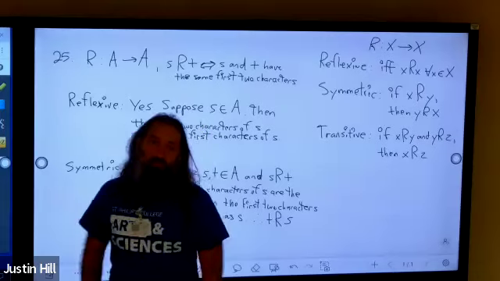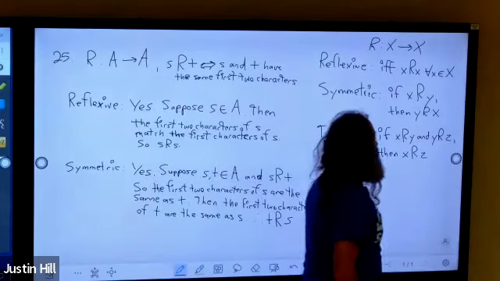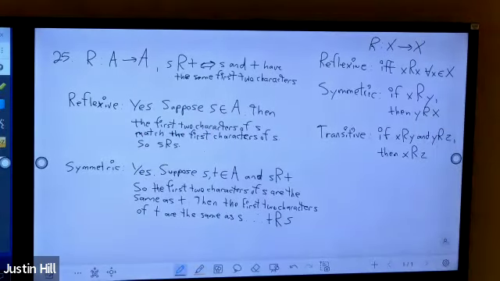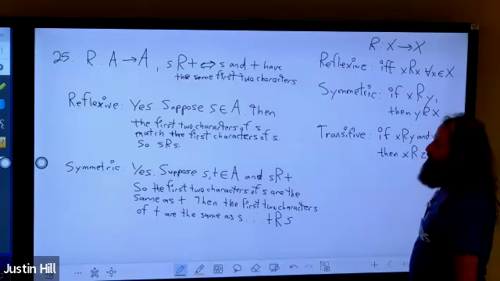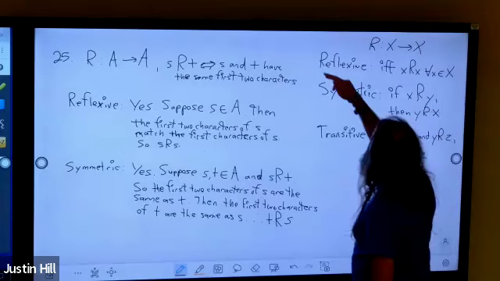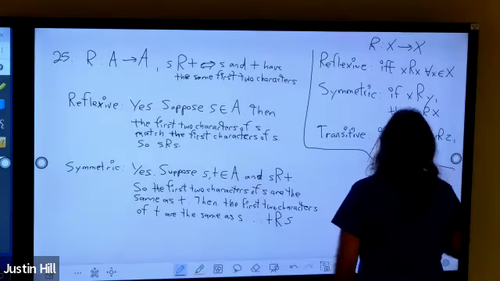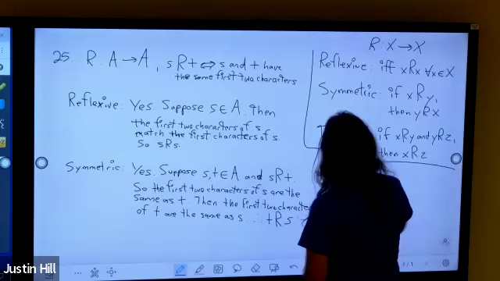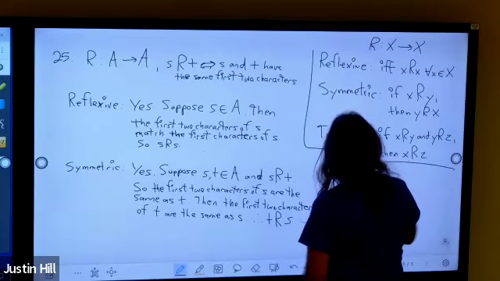Then we would do something very similar for transitive. My one worry here is we're running out of room for transitive, so let me box this off first and put transitive over here.